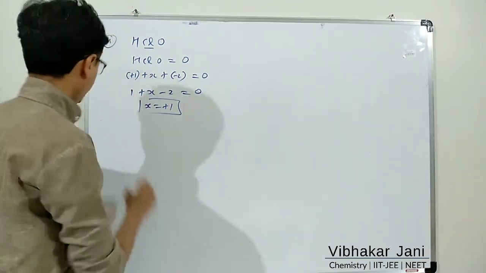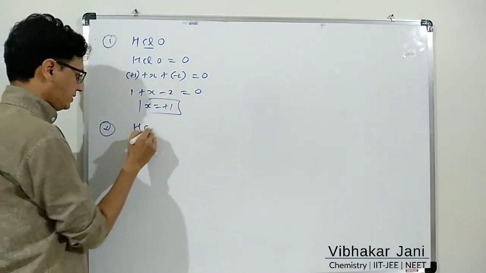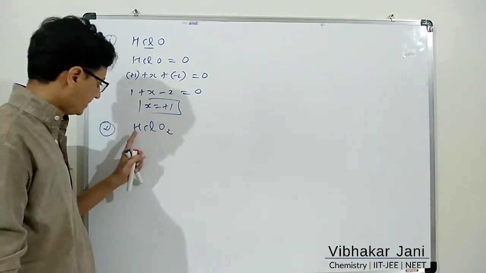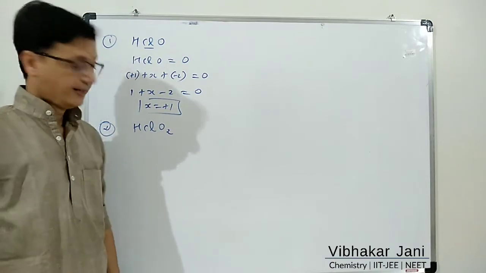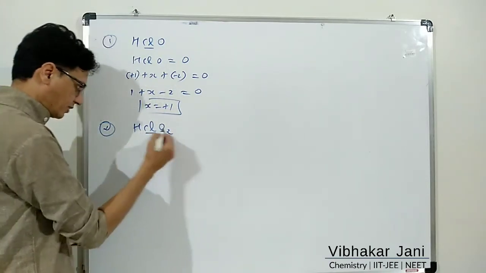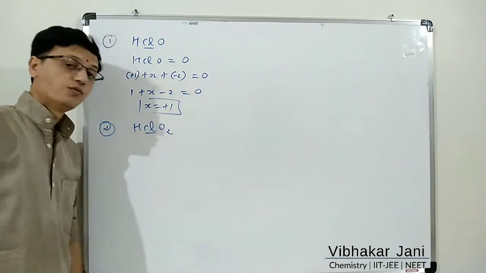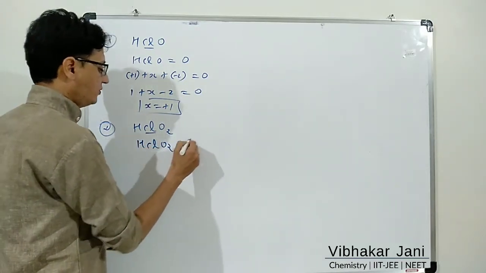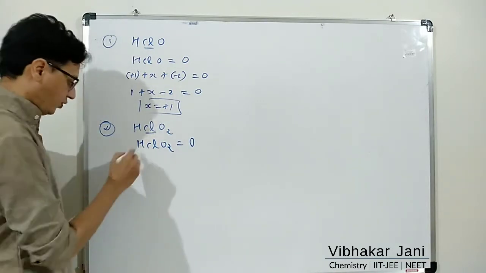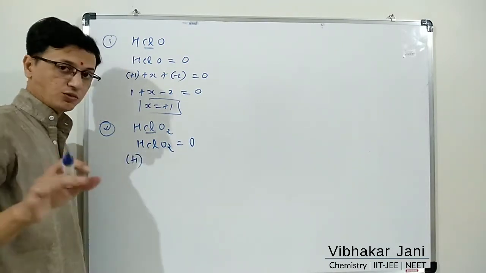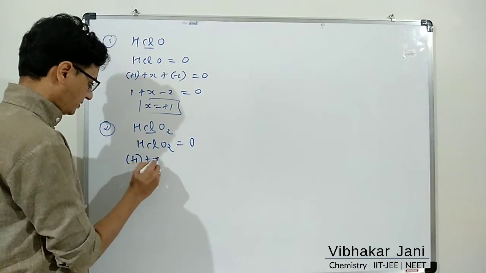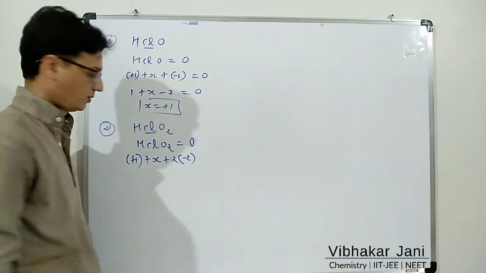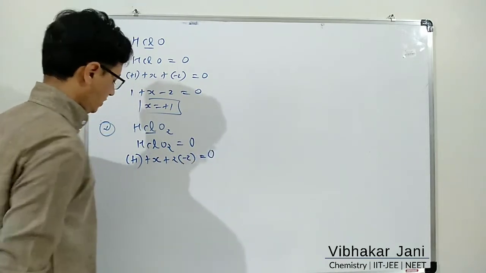Now look carefully at the second example, HClO2. This is only HClO, while this is HClO2. In HClO2, if we are asked to find the oxidation number of chlorine, then also HClO2 equals 0. For hydrogen, we will take +1, and for oxygen, 2 multiplied by -2.